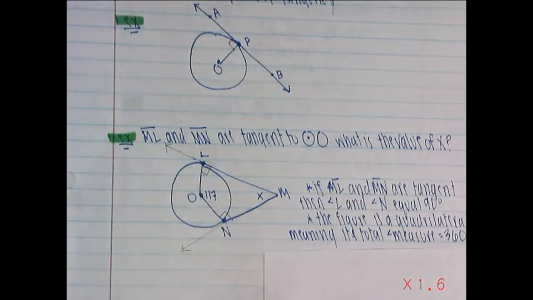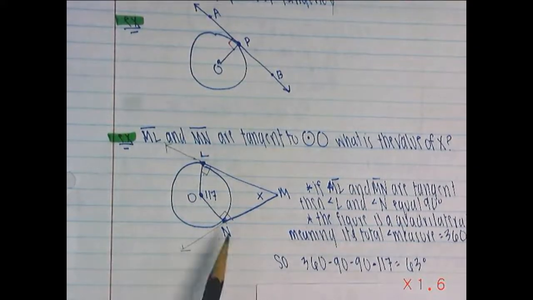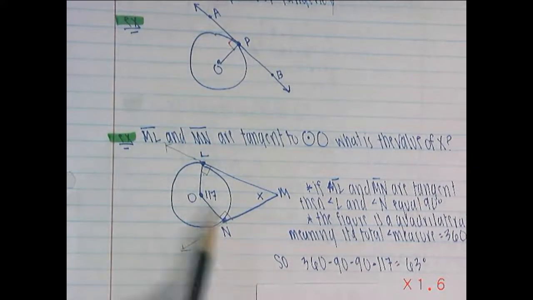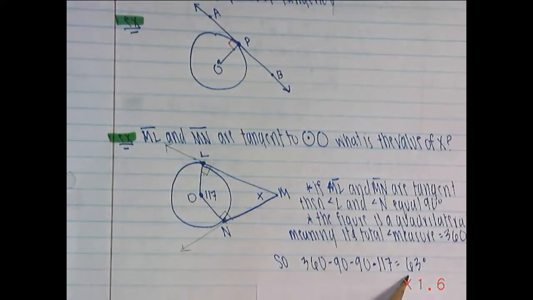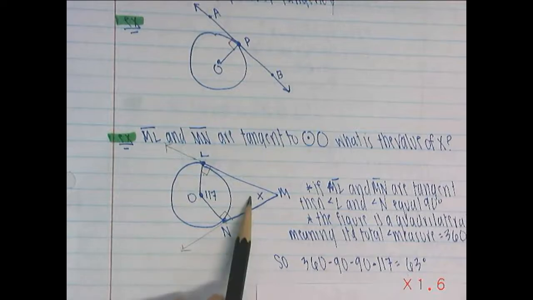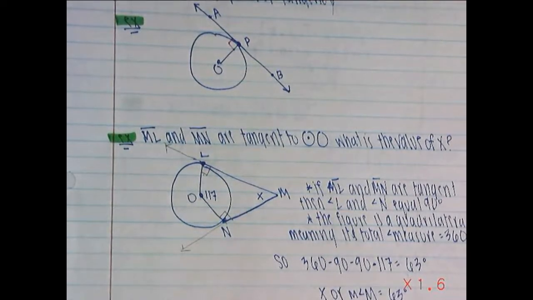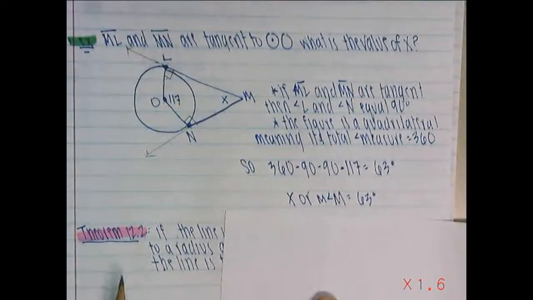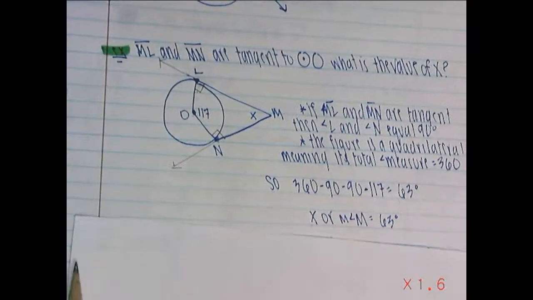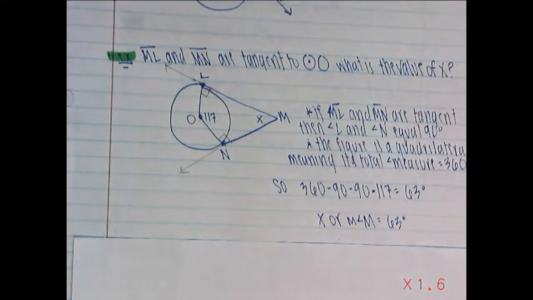A four-sided figure, 360 degrees. So you would take 360, subtract one of the 90s, subtract the other 90, and subtract 117, and that would give you 63 degrees. That is your answer, the measure of the last angle. That means the x, or the measure of angle M, would be 63 degrees. So keep in mind, you guys, when it tells you that things are tangent, there are 90-degree angles created with the radius.